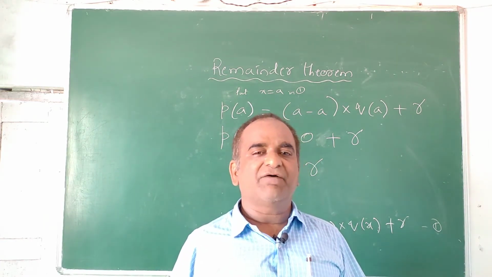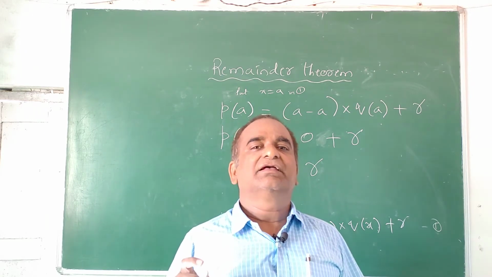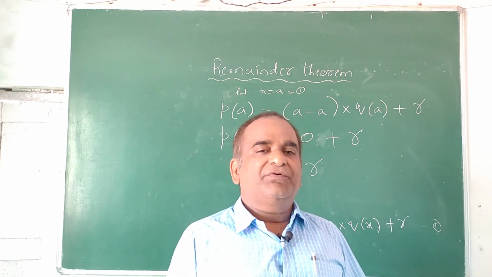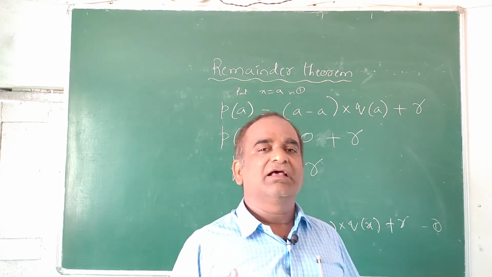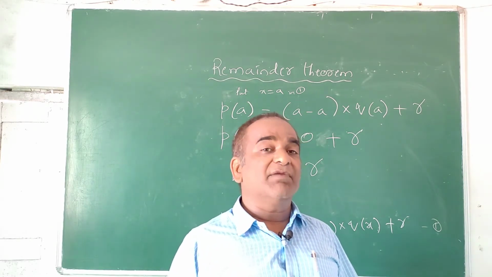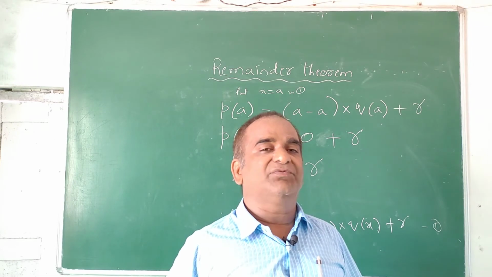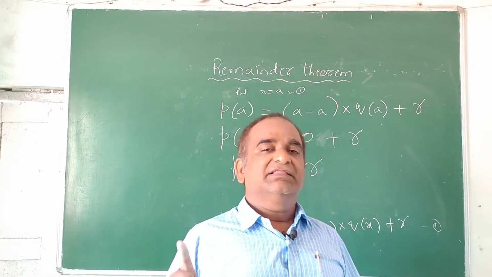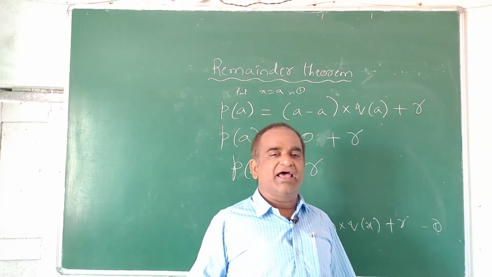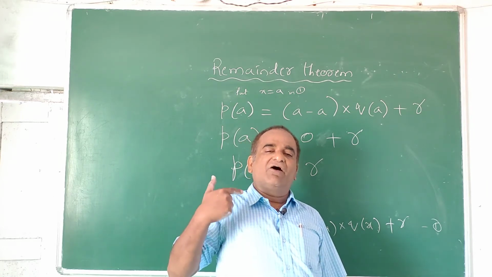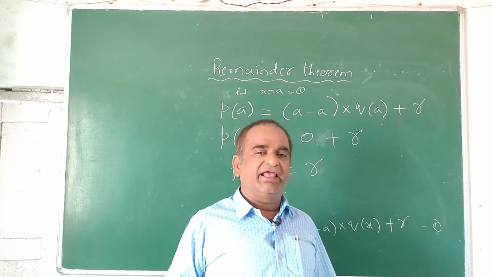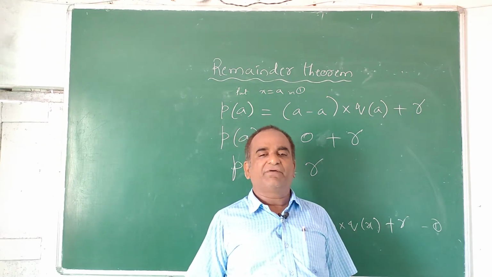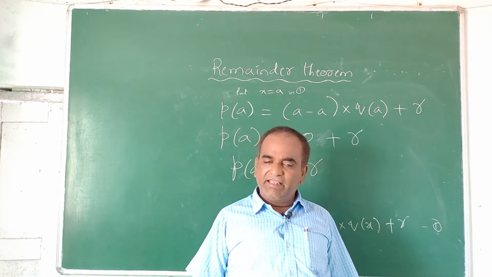So the use of remainder theorem is, if you divide a polynomial with a linear polynomial, then whatever the remainder you get in the actual division process, the same remainder you can get without actual dividing, in fact finding p of a. This is the central idea of remainder theorem.